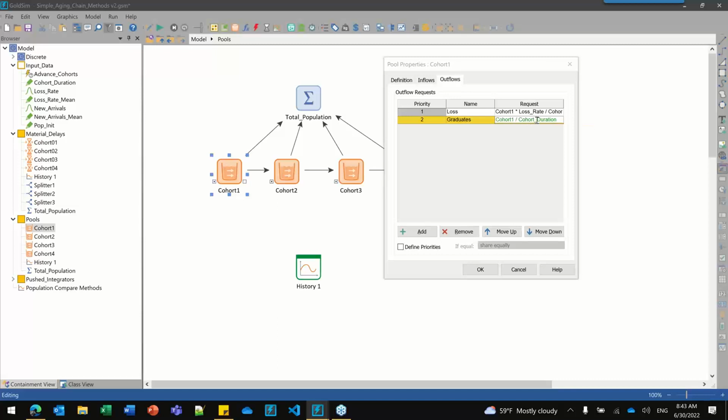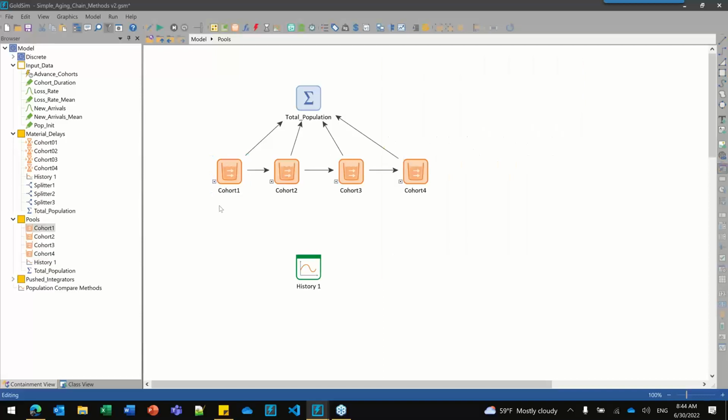In this case, the cohort duration is 1 year, but if you had a time step of 1 month or 1 day, then the graduates would be leaving on a consistent basis throughout the year. Anyway, it does give you more flexibility for sure on how to do that.